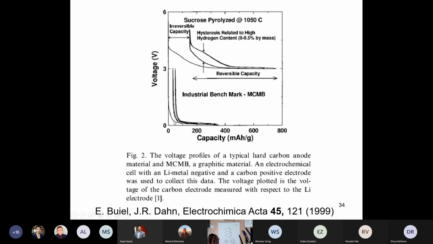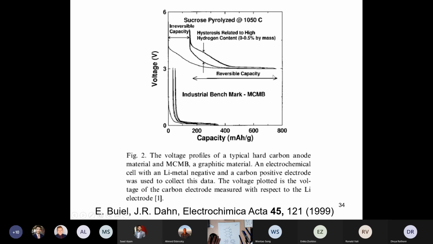And he's just showing you the difference between the first few lithiation, delithiation cycles of an industrial graphite that was used very much at that time in lithium ion cells. You've got your 300 plus milliamp hours per gram and small irreversible capacity, compared to sugar, just simple sugar heated in inert gas to 1050 degrees C.